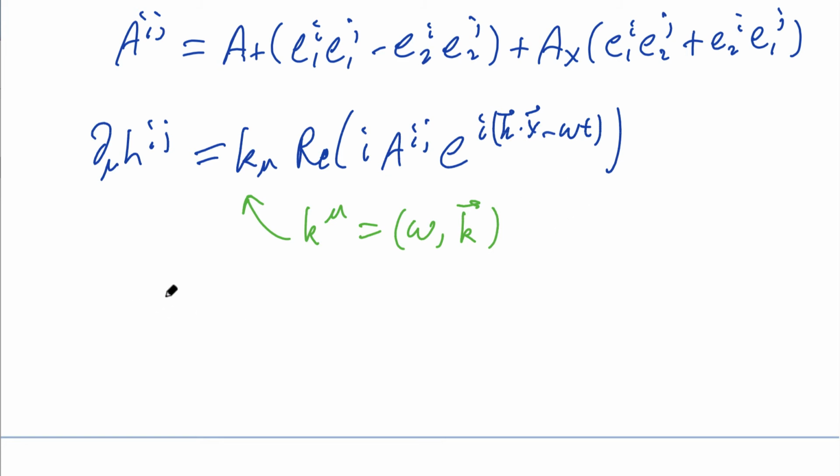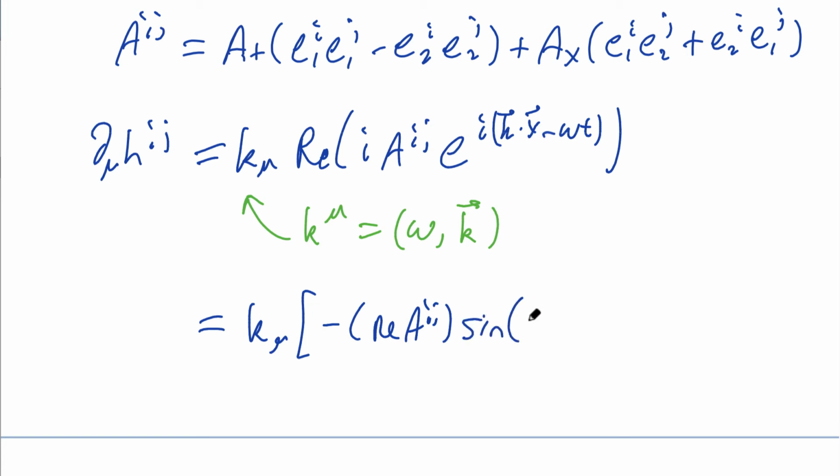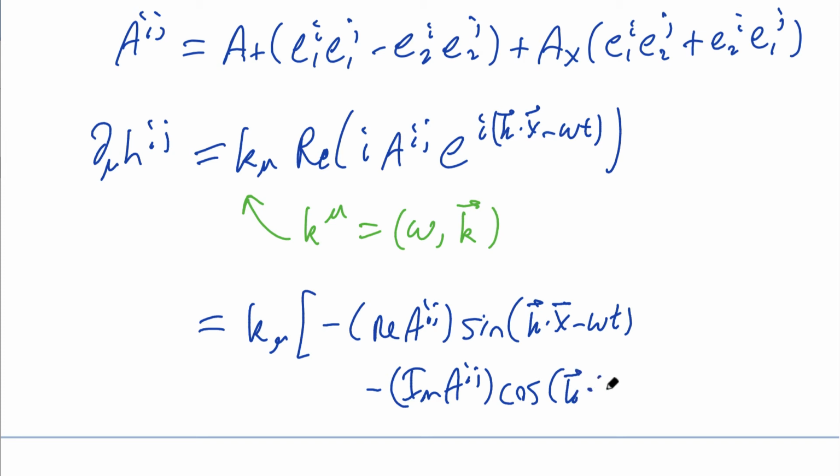And now simplifying, we have partial mu hij equals k mu times minus the real part of Aij times the imaginary part of the exponential, which is sine of k dot x minus omega t, minus the imaginary part of Aij times the real part of the exponential, which is cosine of k dot x minus omega t.